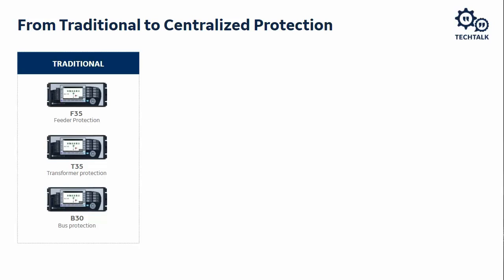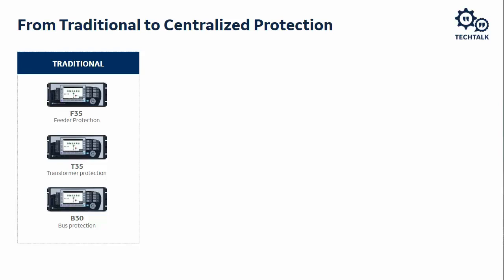So we're going to have F35s or an F35 to do the feeder protection. That's going to give us our overcurrents, directional overcurrents, sync check, things like that we need. We'd need a transformer relay to do the transformer protection, and we would need a bus relay to do the bus protection.